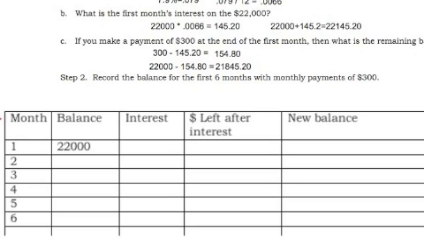So the balance is $22,000. The interest is $145.20. The money left after paying the interest comes from part C, which is $154.80.